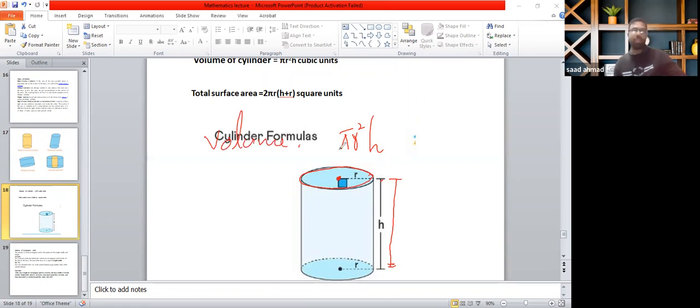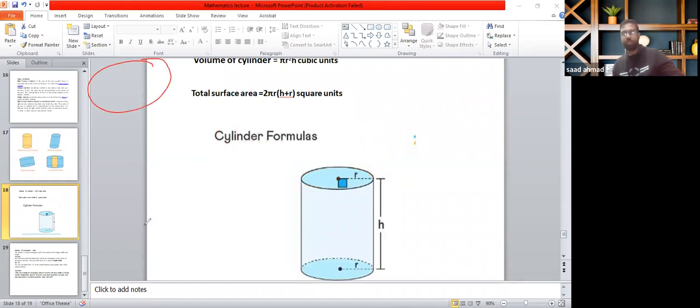And to find the surface area, it's a similar thing. You have two circles, one at the top and one at the bottom, and they are identical. So if you find the area of one, which is pi r squared, you just multiply it by 2, because you have two circles.